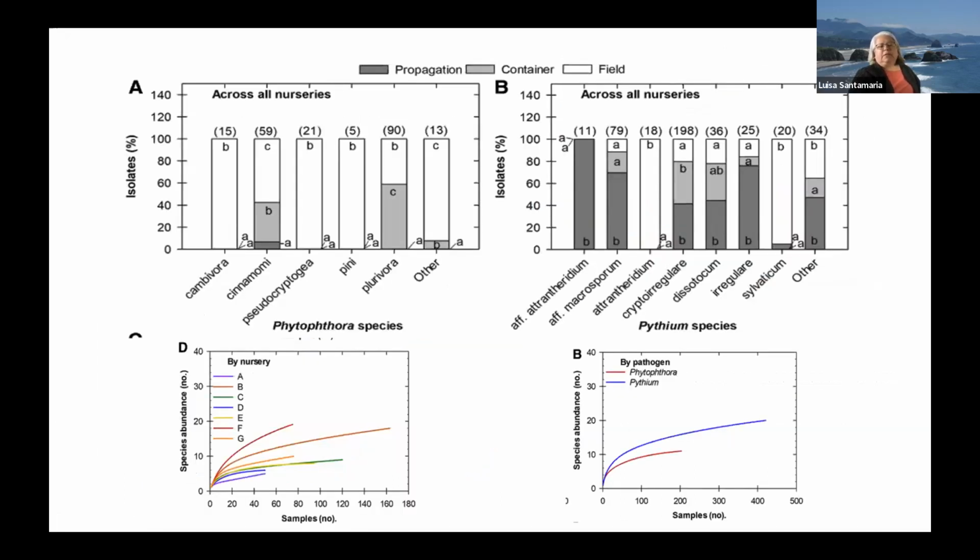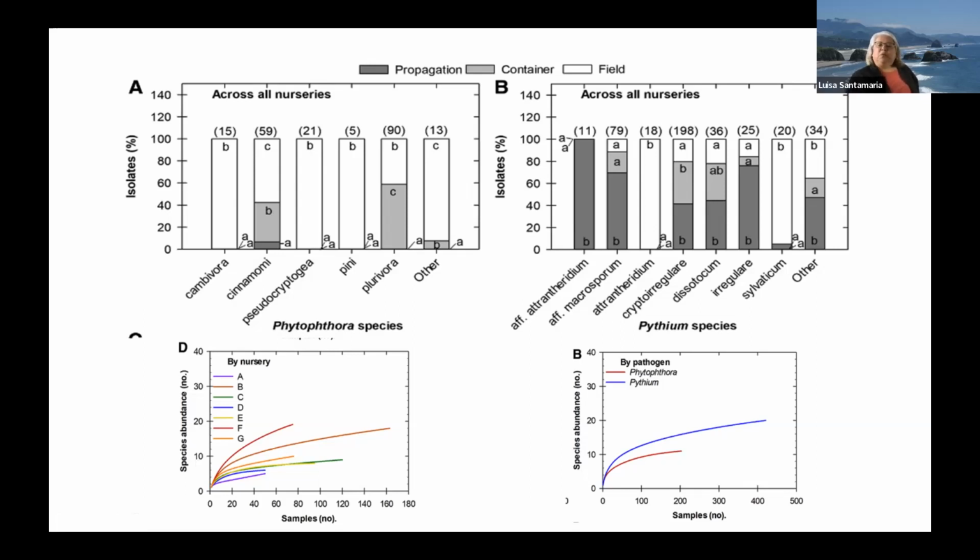Here is another graphic showing part of the same study, by nursery. As I said, I think they sampled about 16 nurseries. What they found is that in every nursery you will have different species of Phytophthora.